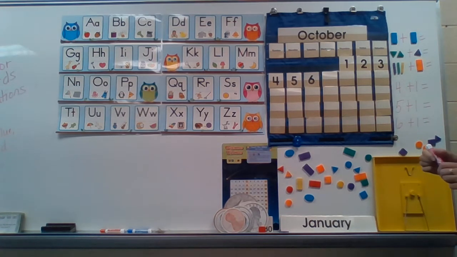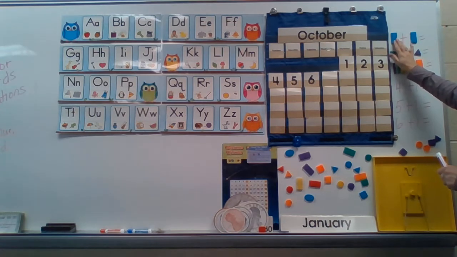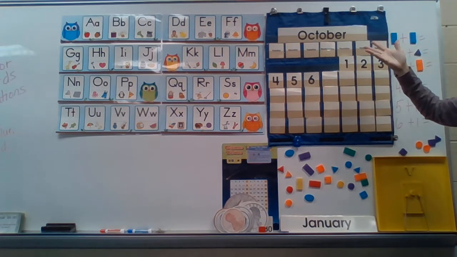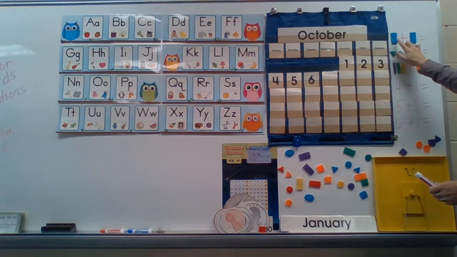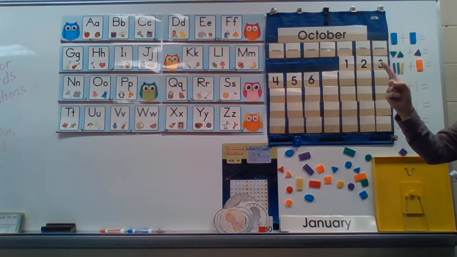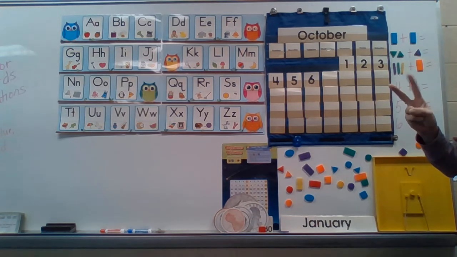All right, same thing, doesn't make any difference. So if I have one rectangle and I get another rectangle, how many rectangles do I have altogether? So this says 1 plus 1 equals, okay?